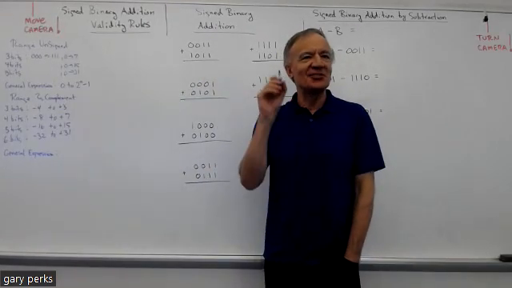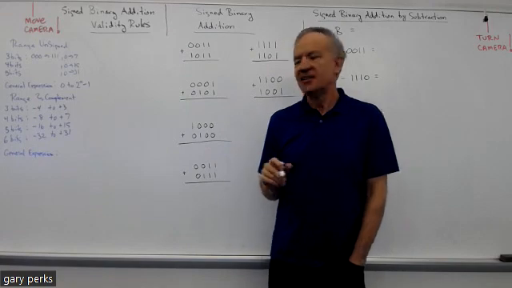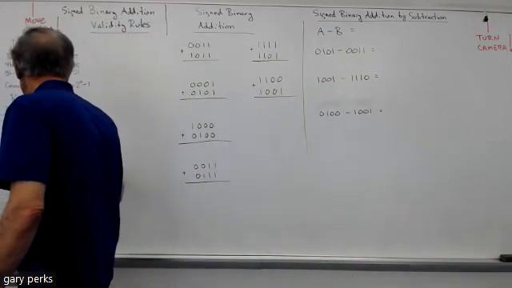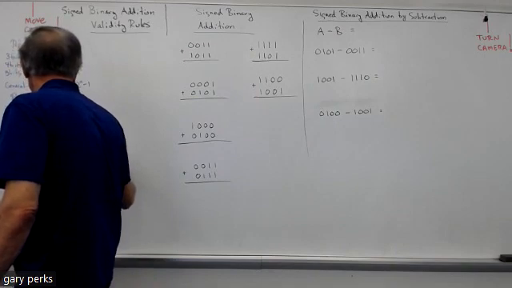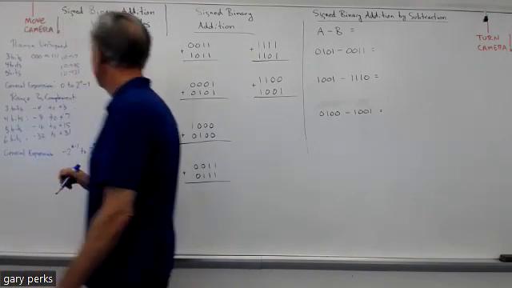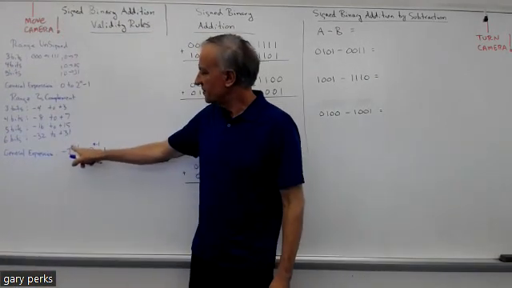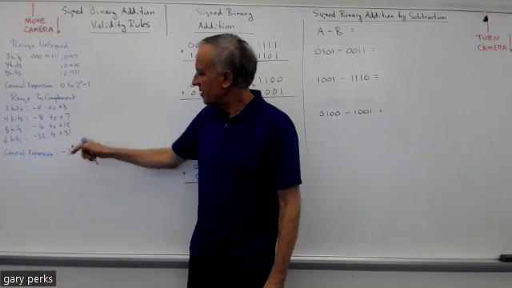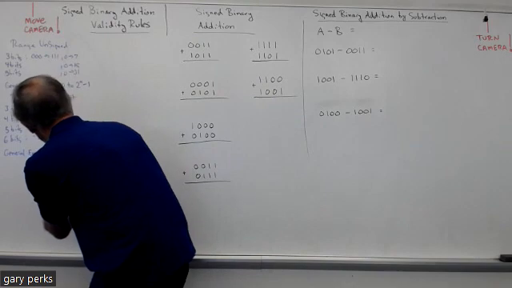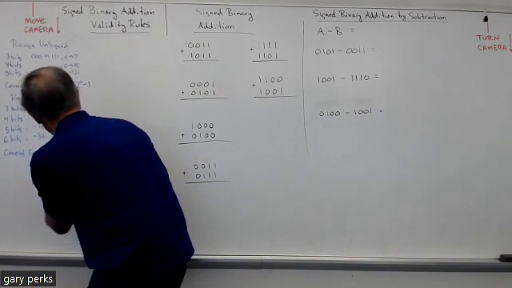2 to the n minus 1, with a negative, for the negative side. And then for the positive side, it'd be 2 to the n minus 1, then minus 1.